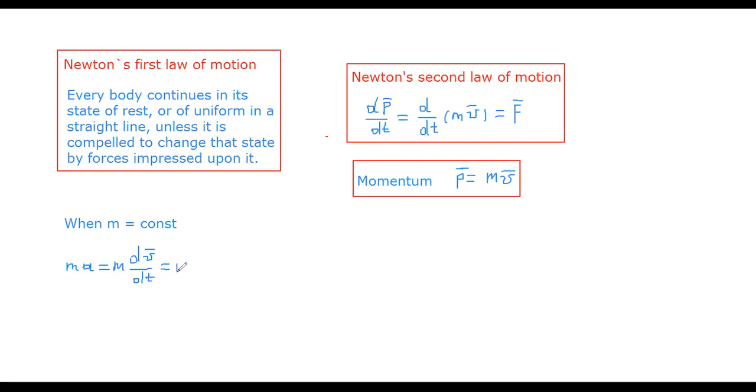It is also equal to the second derivative of the radius vector by time, and it is equal to the force impressed on mass m. Impressed on mass m. Do you have any questions about this?